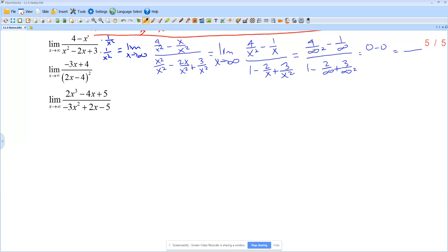If we were at 3, this would actually be 4/9 minus 1/3. And if we were at 4, I would have 4/16 minus 1/4. This is always larger because the denominator is smaller. So this is really 0 minus 0, but it's going to give me 0 from the bottom.